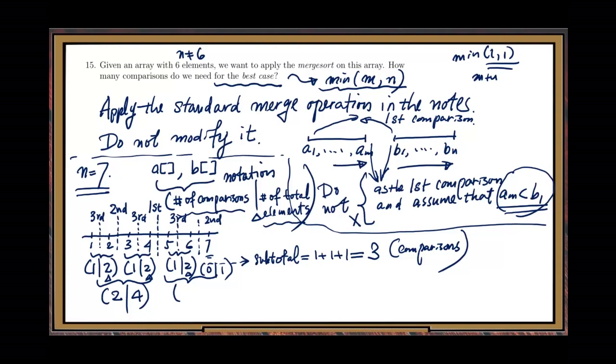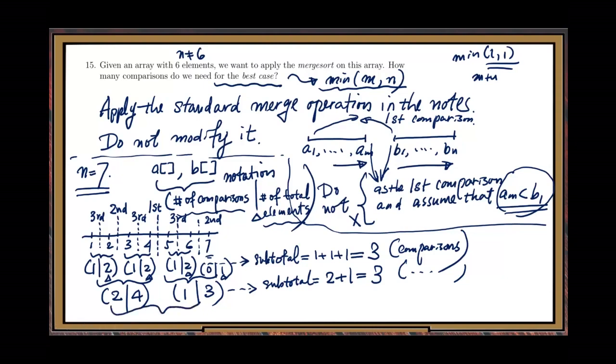So the minimum of 1 and 2, that is 1. Vertical bar. The sum of the 2 numbers, that's 3. Then we calculate the subtotal. Subtotal equals the sum of the first components, 2 plus 1 equals 3 comparisons.